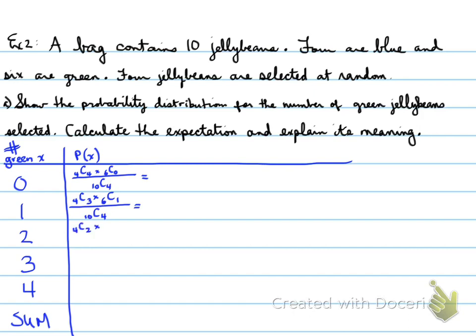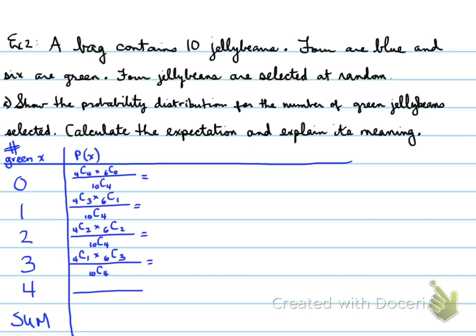And again, from the 4 blue, 2 are chosen to be blue. From the 6 green, 2 are chosen to be green, over a total of 10 choose 4. For the next one, for the 3, it will be 4 choose 1 times 6 choose 3 over 10 choose 4.